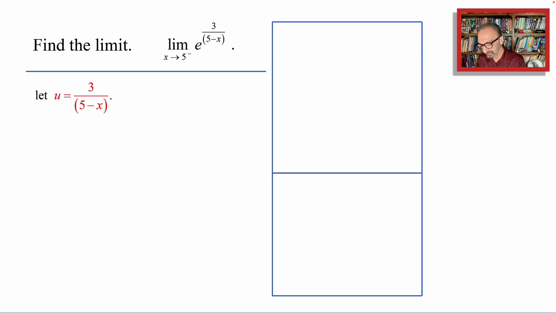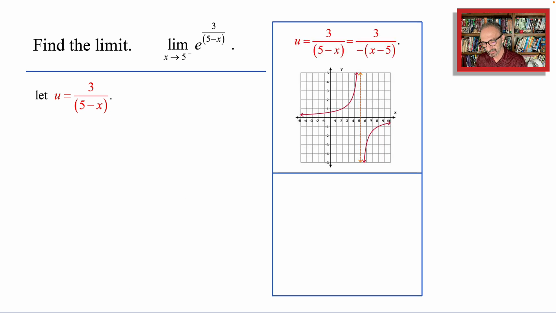That's going to be called u. So my function is u equals 3 over 5 minus x, which I said the right way is to see it as 3 over negative of x minus 5, and the graph was stretched, reflected about the y-axis and shifted to the right 5 units, and that's what we came up with.